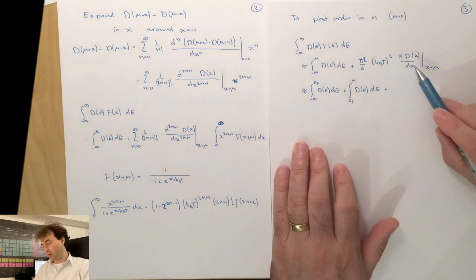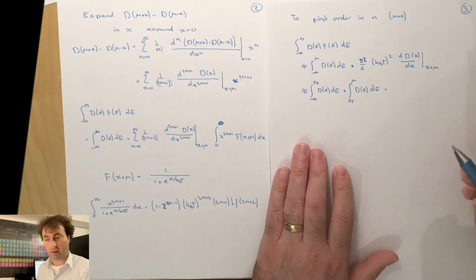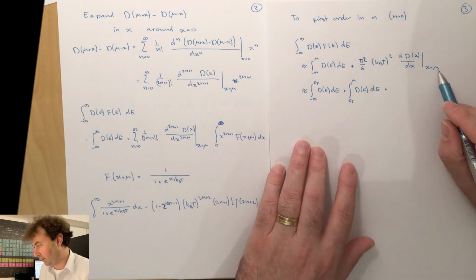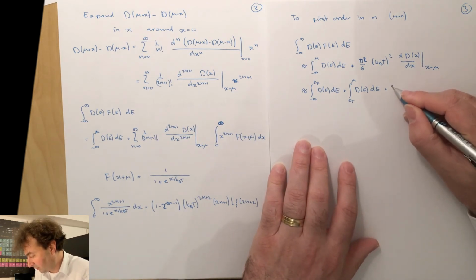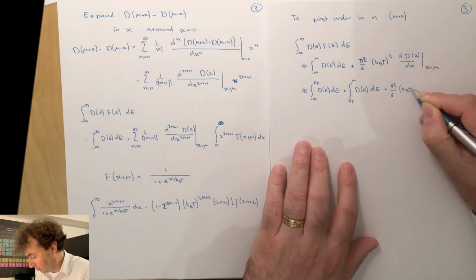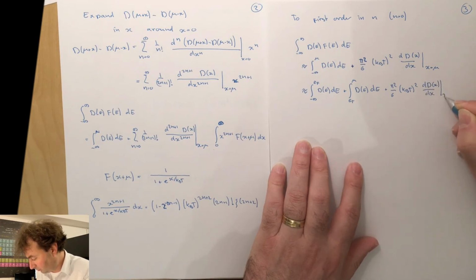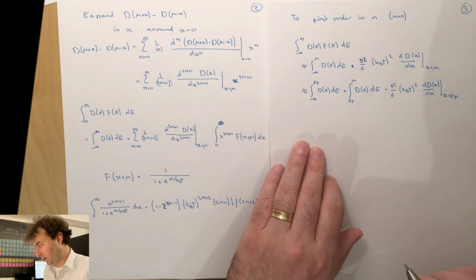Here I already look at the derivative of the densities of states, so that's already first order, and then I can change the chemical potential by the Fermi energy, pi squared over 6 k Boltzmann T squared. The correction is small, so the error in the correction is even smaller.